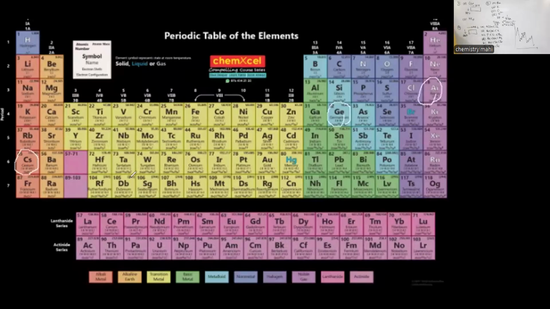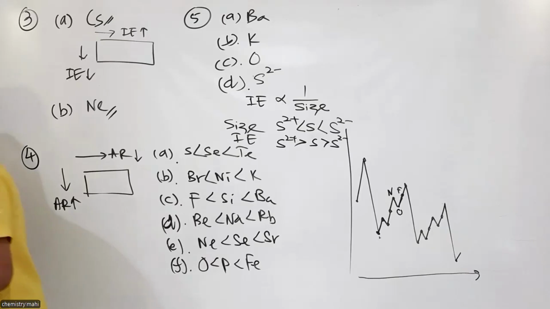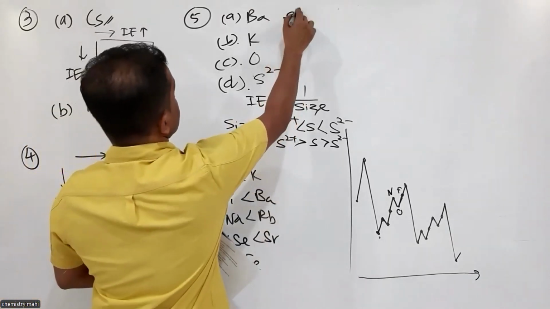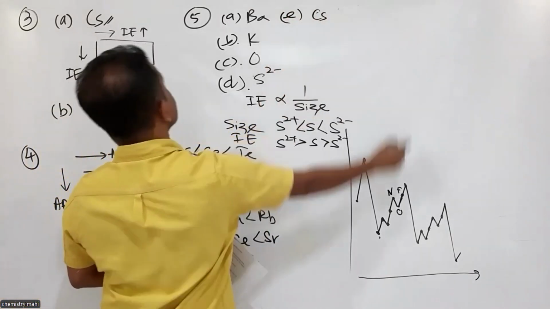But again, they ask for the lowest, smallest. Smallest means the leftmost bottom one should be the smallest, according to the general variations. What is it? Cesium. Leftmost bottom should be cesium. Part E, it should be cesium.